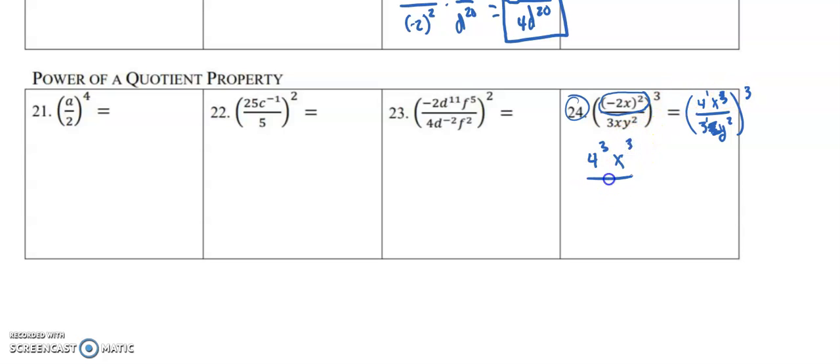So that's x to the third over 3 to the third, y to the 6th, right? Because it's y squared. 3 times 2 gets me 6. So 4 to the third is 64. 3 to the third, 27. So there we go. Thanks, guys.